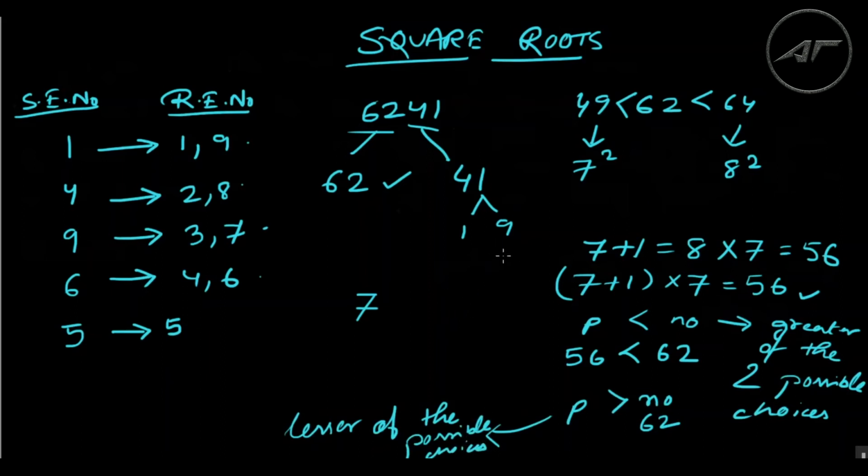So here, as 56 is less than 62, we choose 9. Therefore, the answer will be 79. The square root of 6241 is going to be 79. Now let's do it with another number.